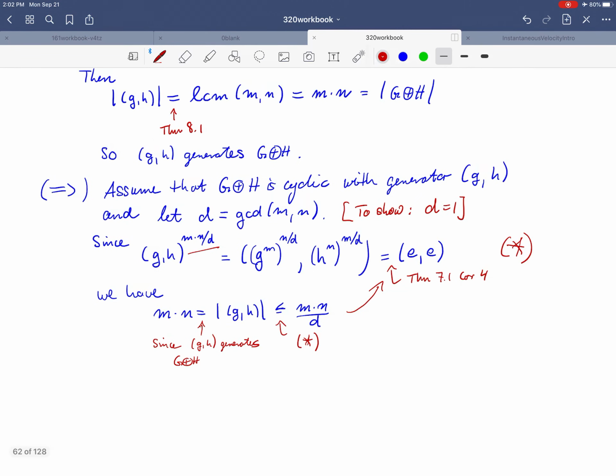So what is this telling us? It's telling us that M times N is less or equal to M times N over D, but that can only be true if D is less or equal to 1. So we have D is less or equal to 1, but D is the greatest common divisor of two numbers that can't be less than 1, so D has to be equal to 1.